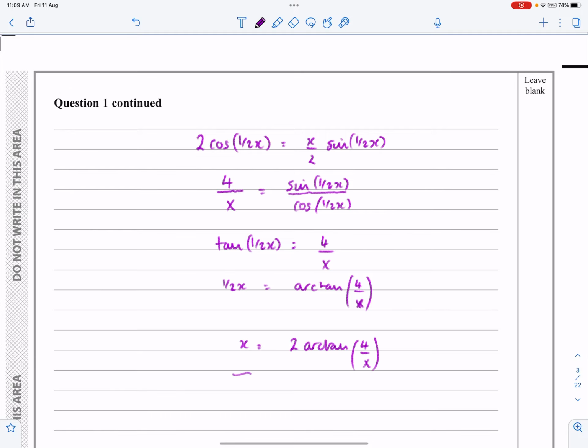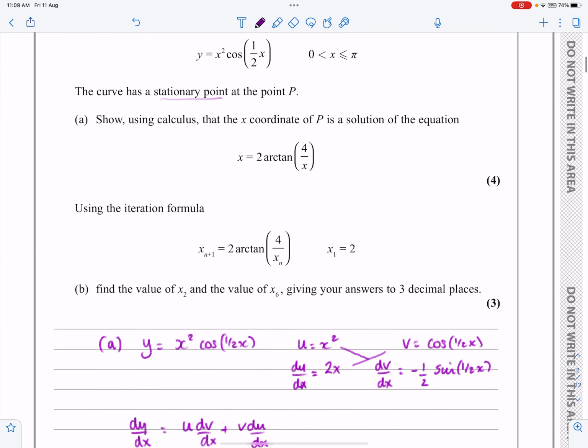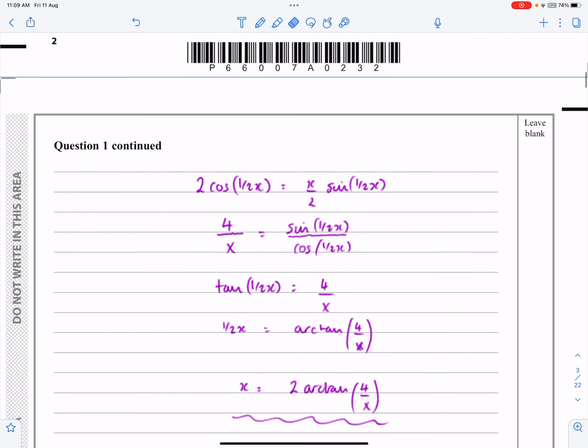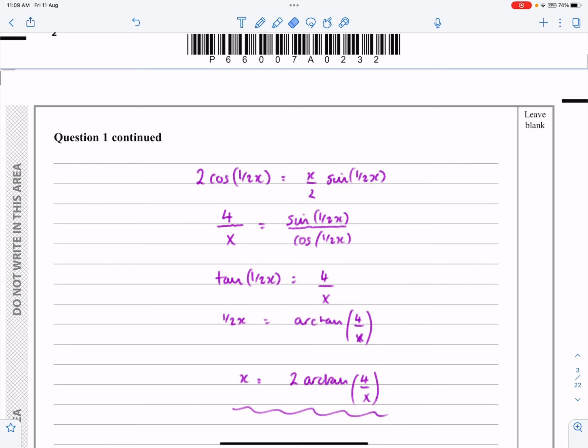And wow, look at how quickly we managed to get to what we were looking at. And notice I particularly in this one wasn't aiming at that all the way through. I was really more aiming at just trying to get sine over cos, and then the rest of it came out naturally without me having to do too much work for it.